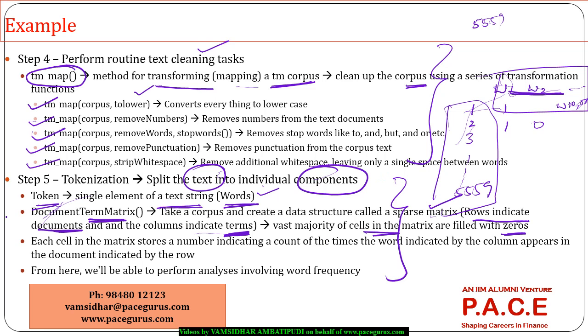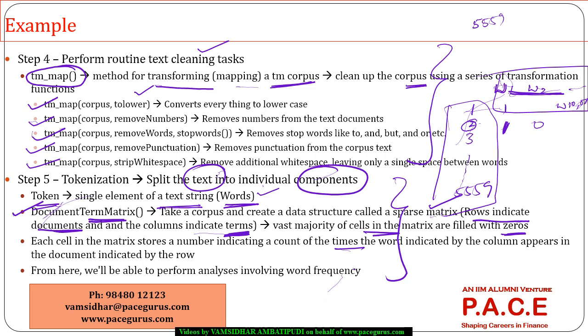So the DocumentTermMatrix function will create a sparse matrix. If a cell is 1, it means that in the second document, the second text message, W1, the word 1, has occurred once. It gives the number of times the particular word has occurred in that particular document.